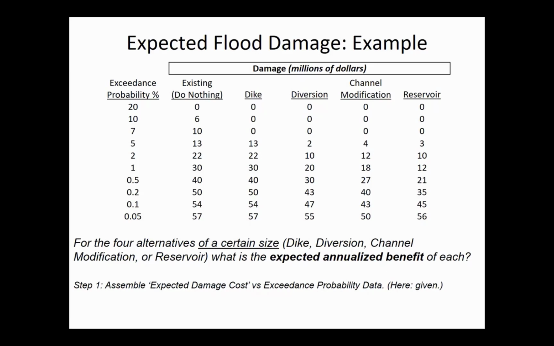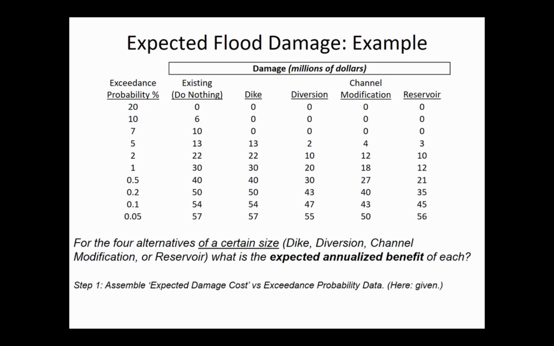Now in the real world, this is maybe a table that you'd need to assemble, and so there would be a lot of work going into this, because you'd need to assess how each of these 4 structural measures is performing. So you'd need to find out, for the dike, what properties are now going to be protected versus threatened when the dike is in place, the diversion, and so on.